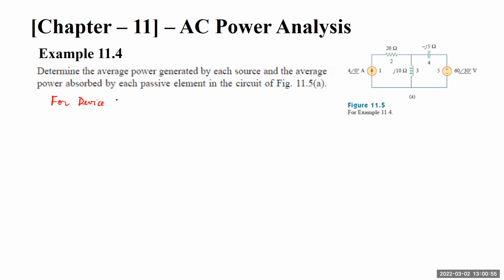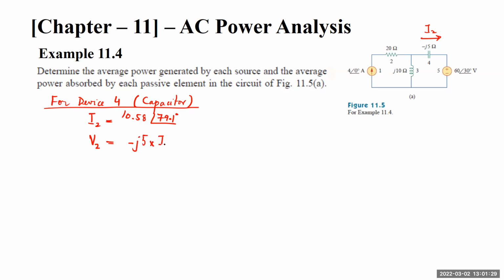For device 4, we have current I2 flowing across it, and the value of current I2 is 10.58 angle of 79.1 degrees. And my voltage V2 will be minus J5 into I2.